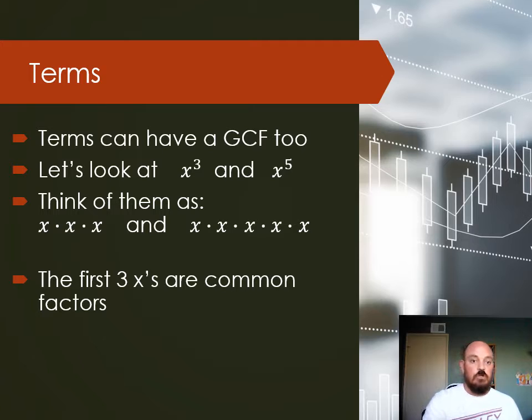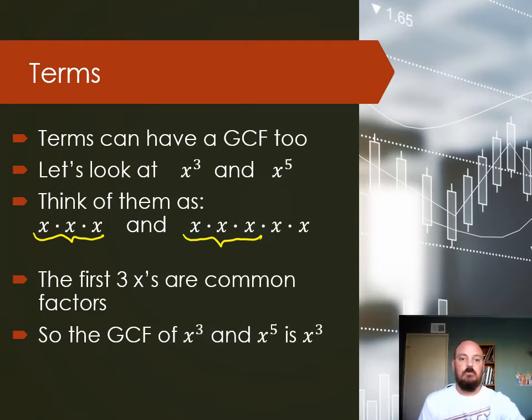So the first term, the x cubed, is just 3 x's. Now the second term has those 3 x's plus 2 more multiplied onto the end. But the 3 x's are the common term. That's what is the same in both of them. So the greatest common factor is x cubed, those 3 x's.